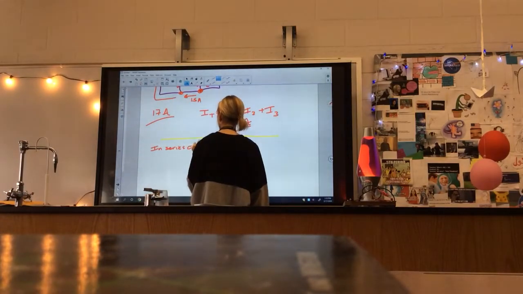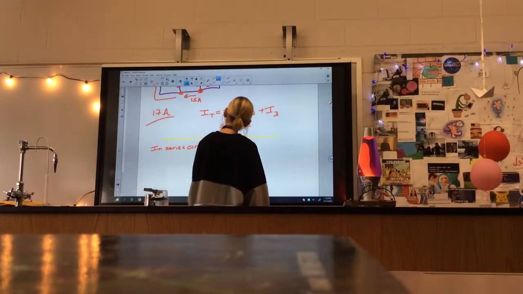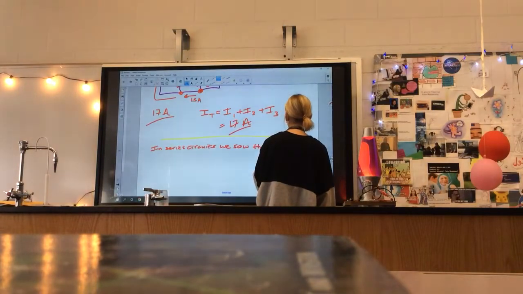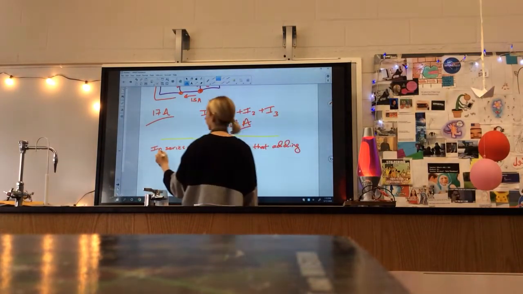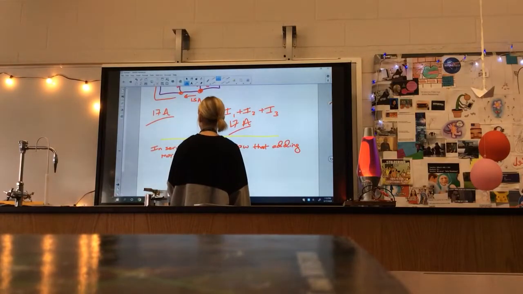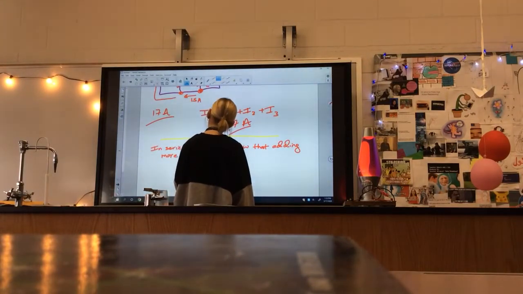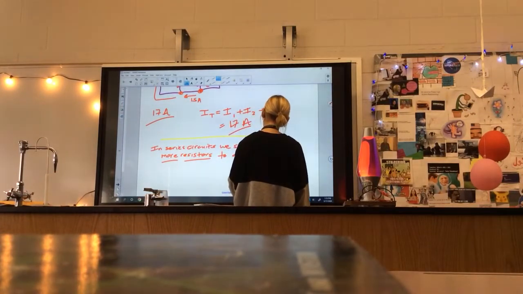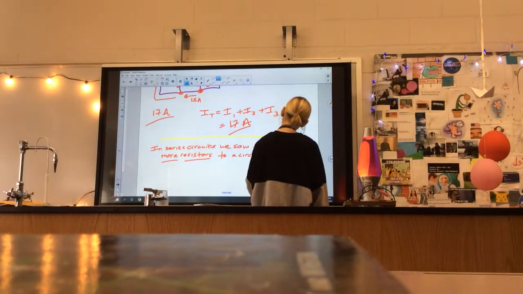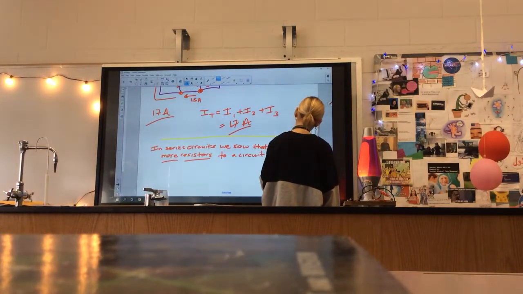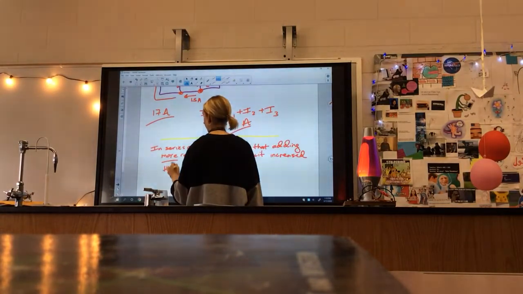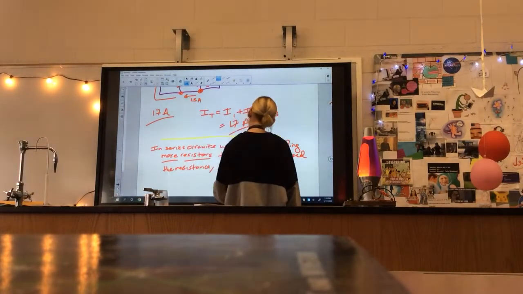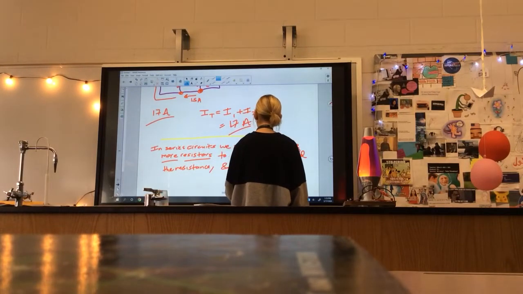In series circuits, we saw that adding more resistors to a circuit increased the resistance and decreased the amount of current.